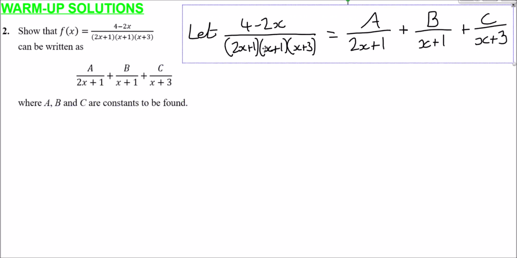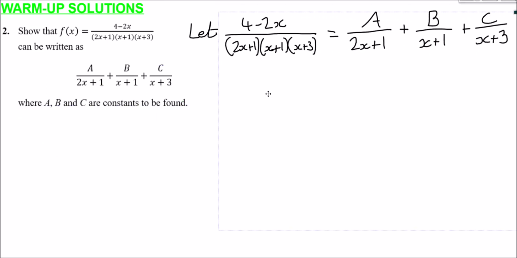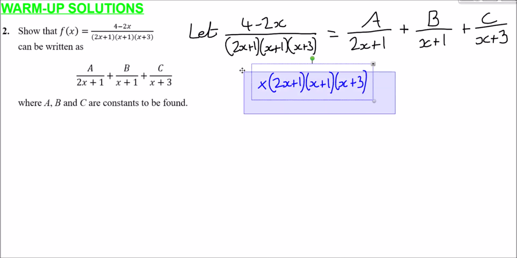If I put this to that side, then if I multiply through both sides by 2x plus 1, x plus 1, x plus 3, so multiply the left-hand side by this, and multiply the right-hand side by the same thing.